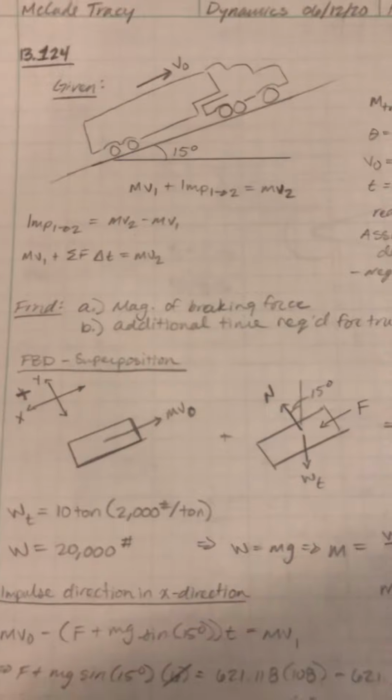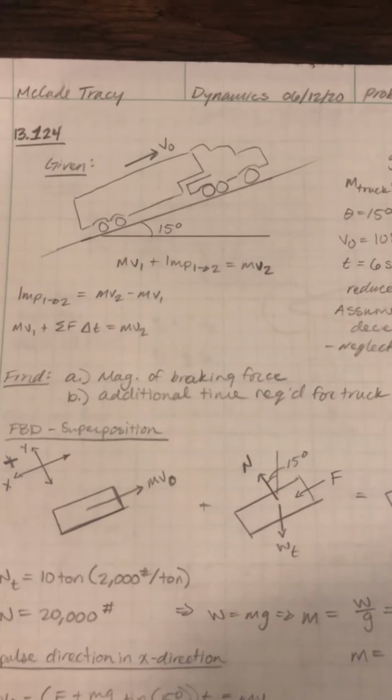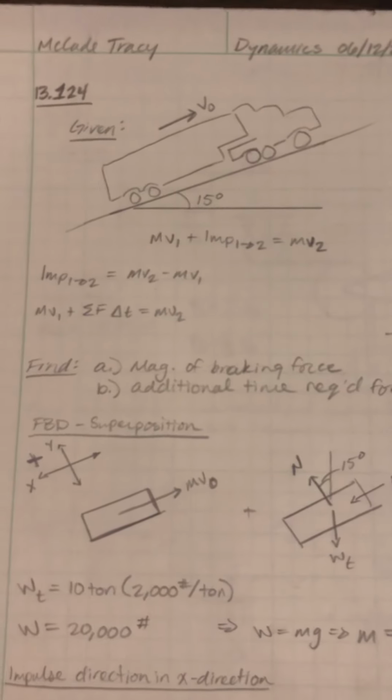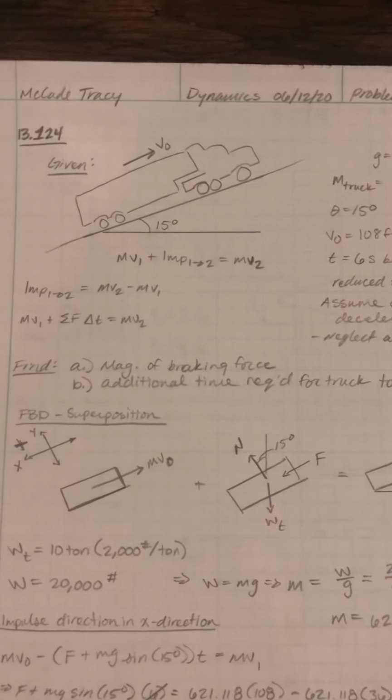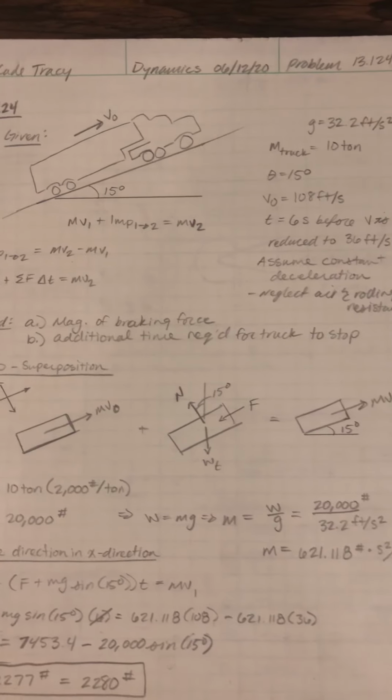So it's very similar to the equation that we used several times, the U from position 1 to 2 and T1 and T2. So we're asked to find the magnitude of the braking force and the additional time required for the truck to stop.